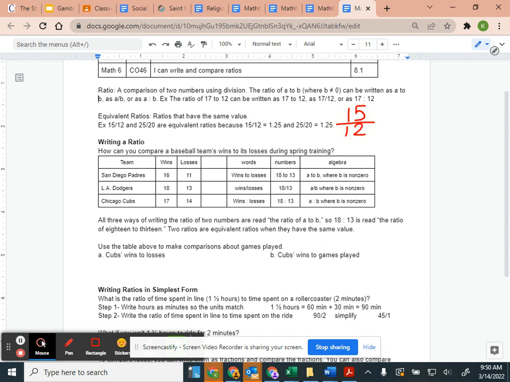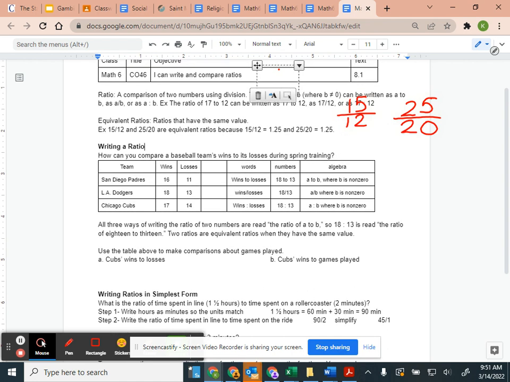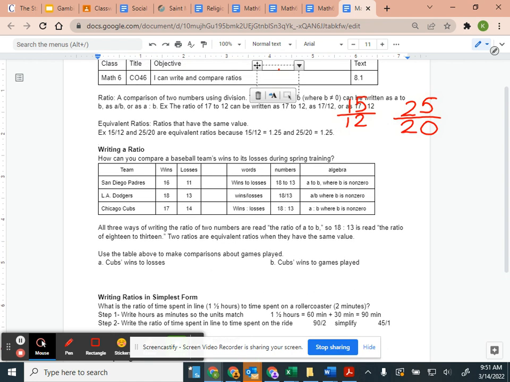So if we were looking at 15 twelfths and 25 20ths, and we want to know if they are equivalent, we would take the top, divide it by the bottom. 15 divided by 12 is 1.25.